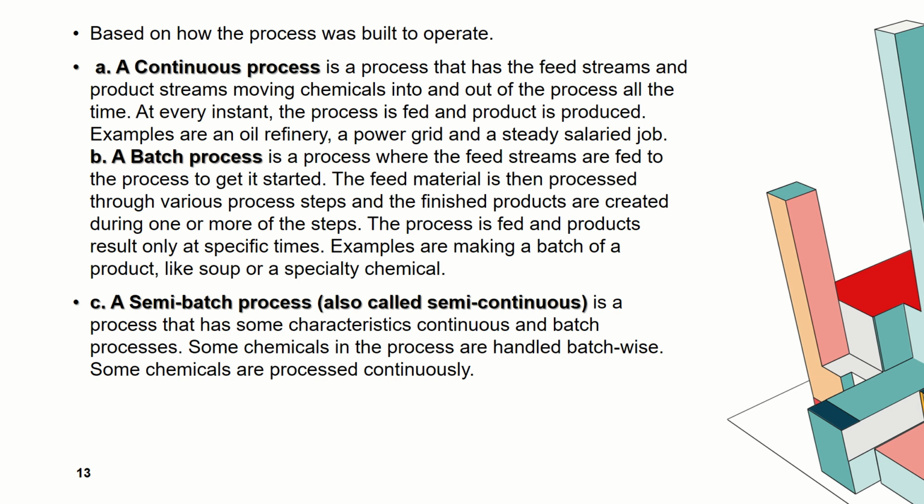So it means that it contains two processes, the continuous and the batch. In another sense, you can even make it like a hybrid process consisting of the continuous process and the batch process, since they are all different processes coming together to make it one.